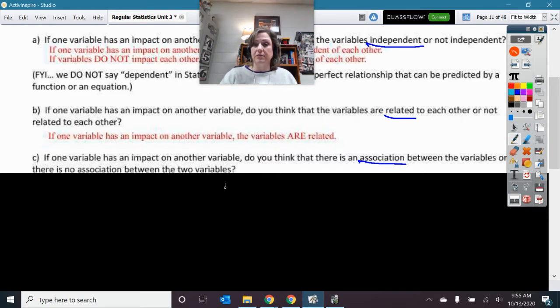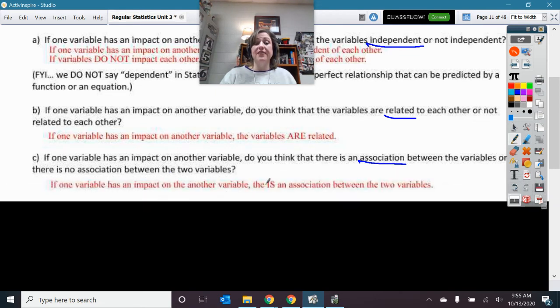One affects the other, so we would say that there is an association. These things go together. Not independent means they are affecting each other. They are related. There is an association between them.